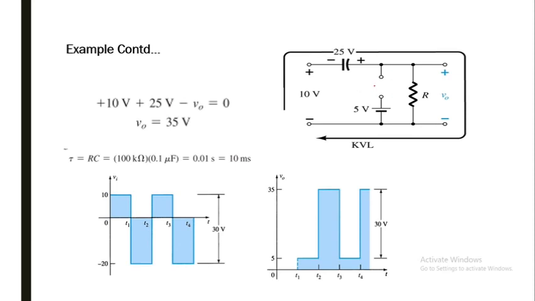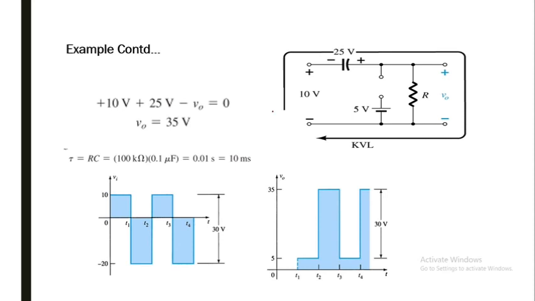This open circuit will make this whole branch an open circuit. So we are left with this circuit only, where we have a capacitor and a resistor. If we apply KVL at this loop, we will get the output voltage. So let's apply KVL.